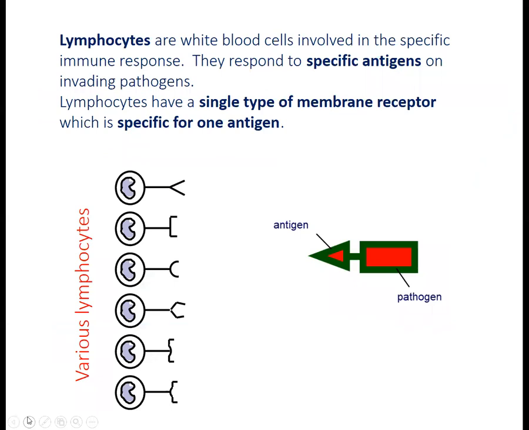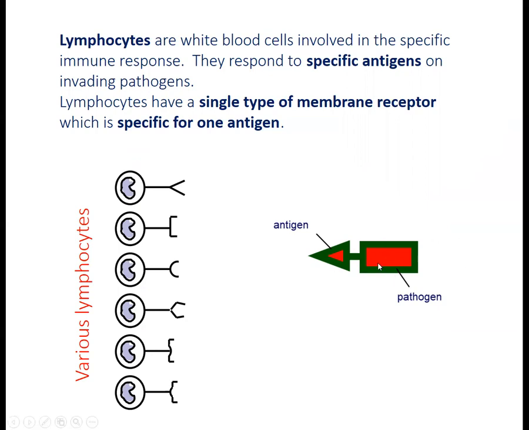So we're going to look at a type of white blood cell called lymphocytes. And lymphocytes are specific. So we've come across that term before. They are specific to the antigen or the antigenic marker that is found on the pathogen. So remember, the pathogen is the organism that causes disease.